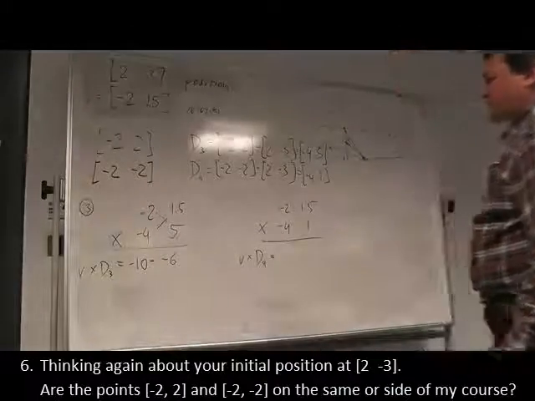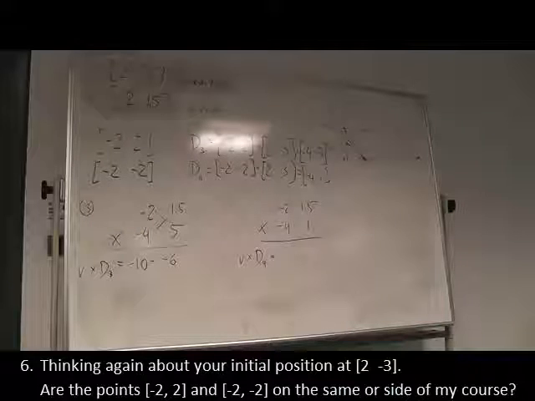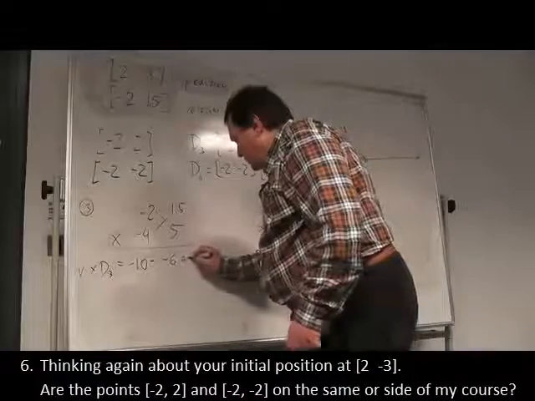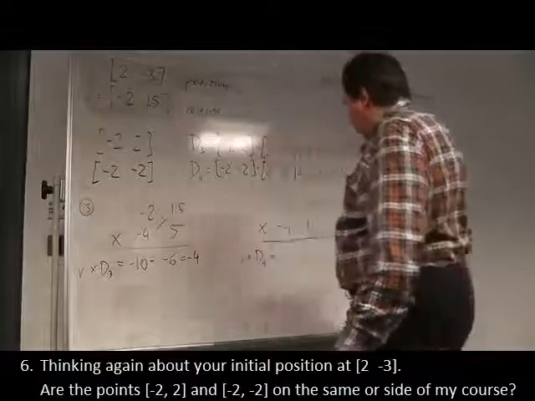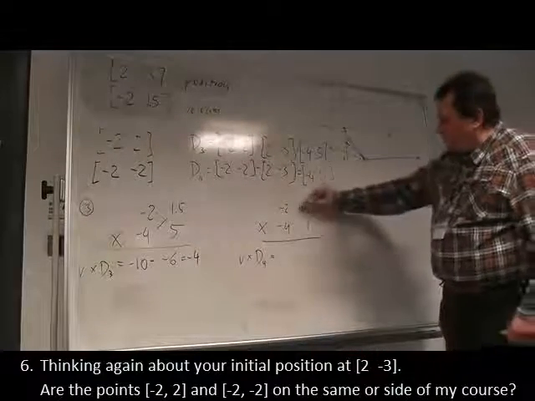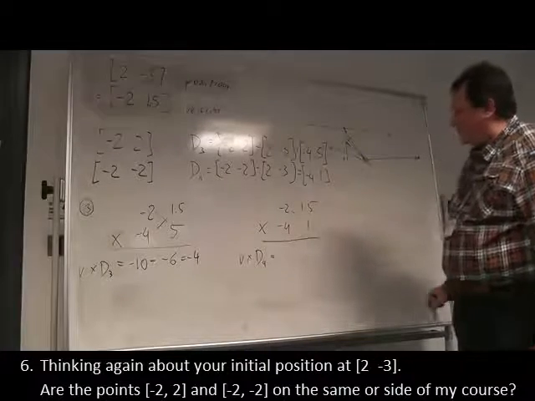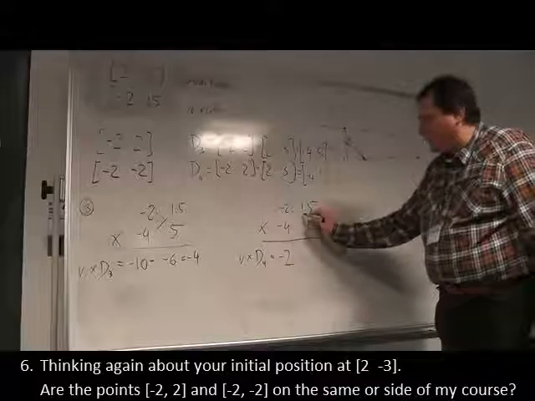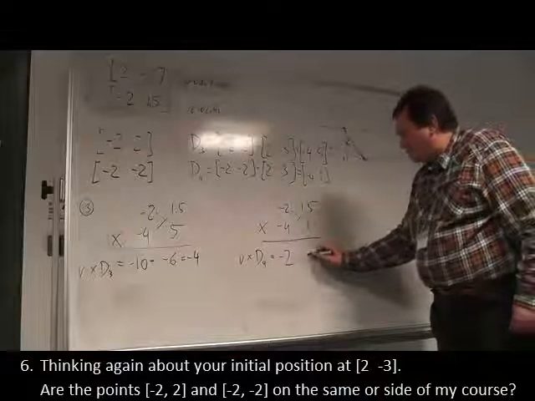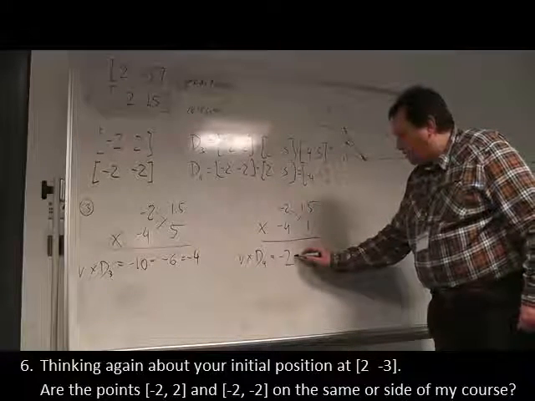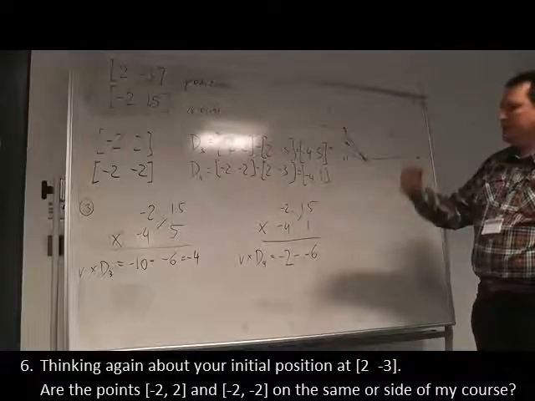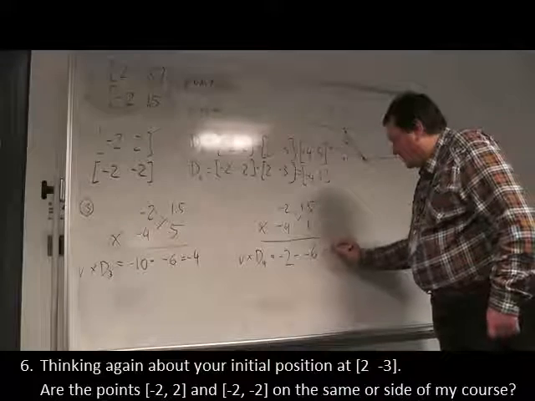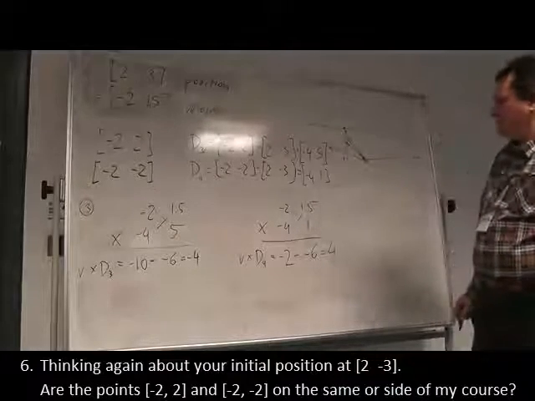So we have -10 minus -6, so it's -10 plus 6, but it's still a negative number, -4. The same approach here: -2 times 1 is -2, -4 times 1.5 is -6, and -2 minus -6 is -2 plus 6, but this time it is a positive number, 4.